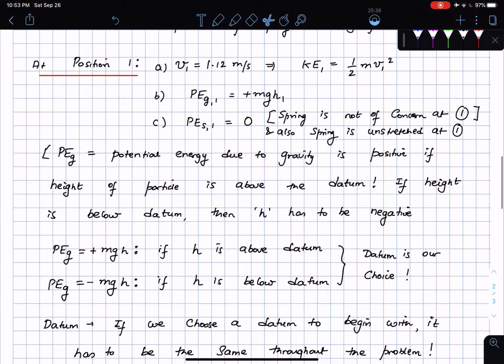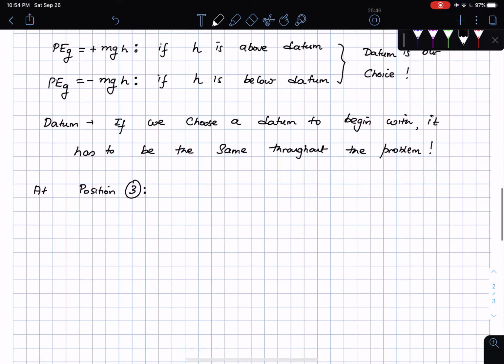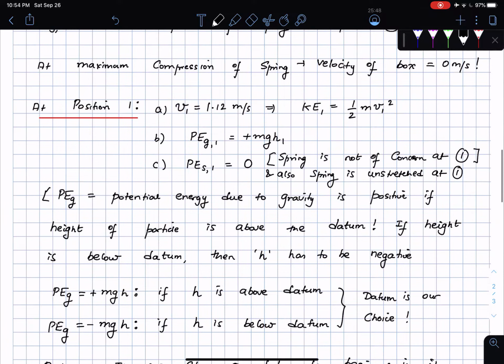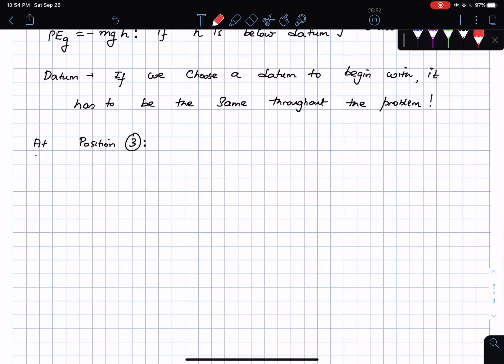Then I go to position 3, I'm sorry, and follow the same procedure. At position 3, first of all, I know that velocity is 0, which means that the kinetic energy at position 3 is 0.